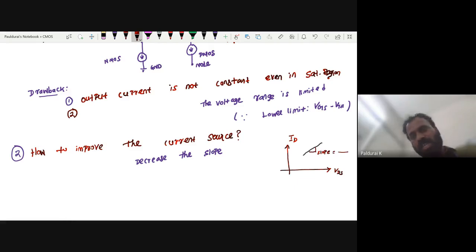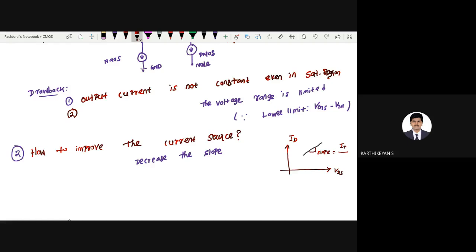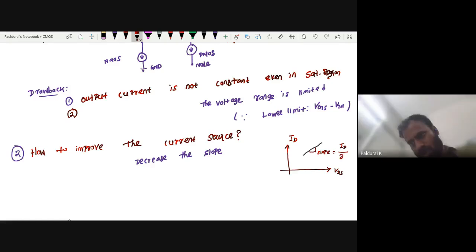Slope, change in y-axis, ∂ID by ∂VDS. So ∂ID divided by ∂VDS. So what is the name for this? What is ID versus VDS? That is transconductance, right? Or resistance? Is it conductance or resistance? Conductance. So conductance.